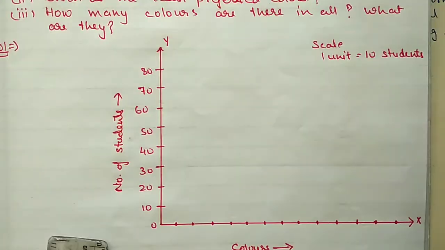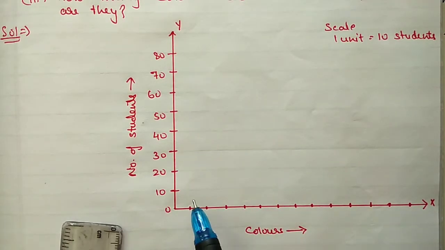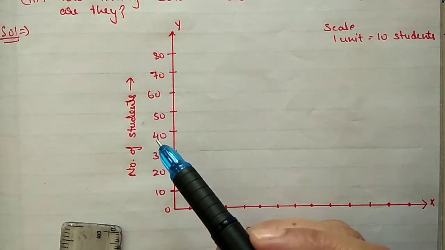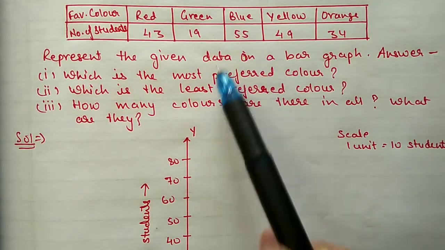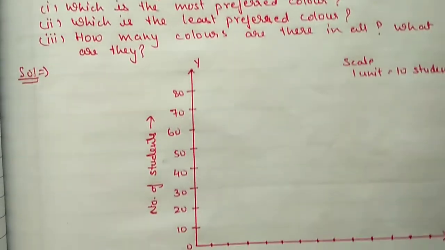For that we have to draw one horizontal and one vertical line. On the horizontal line we are representing the color, and on the vertical line we are representing the number of students. The maximum number of students, if you see in the table, is 55. So till 60 or 70 it is enough to take on this side.